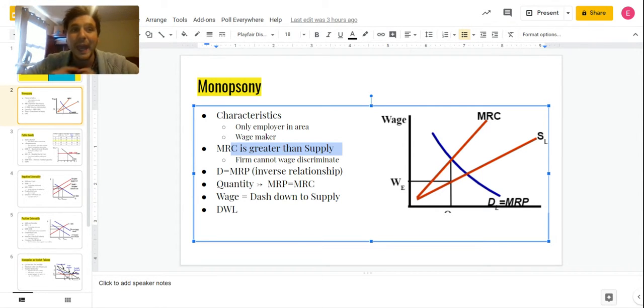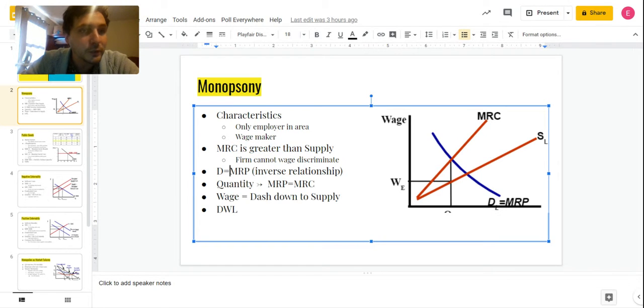I have to pay everybody that most recent or highest wage, which means that even though my supply curve shows that to attract that next person I only have to pay them $15, in reality my marginal resource cost is higher, because I now raise the wage I pay every single person. So it's going to be higher than the supply curve. And we see that right here, where marginal resource cost is higher than the supply curve.